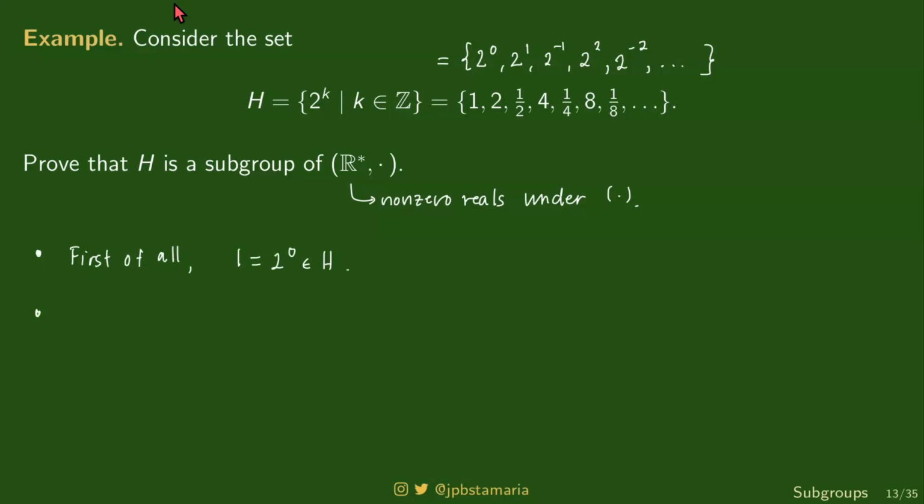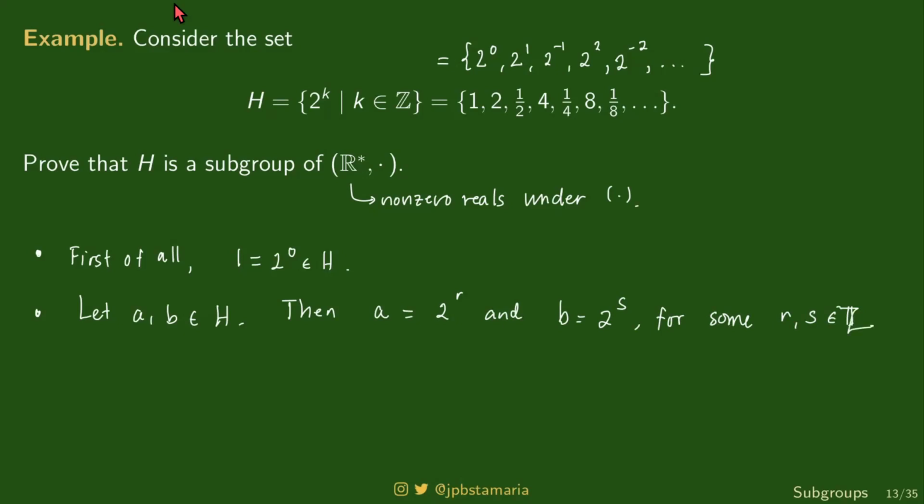Next, closure under multiplication. Multiplication tayo, no? So let's take 2 elements in H, let's say A and B. Being elements of H, meaning to say si A ay power of 2, si B ganun din, for some integers R and S. Do you agree?